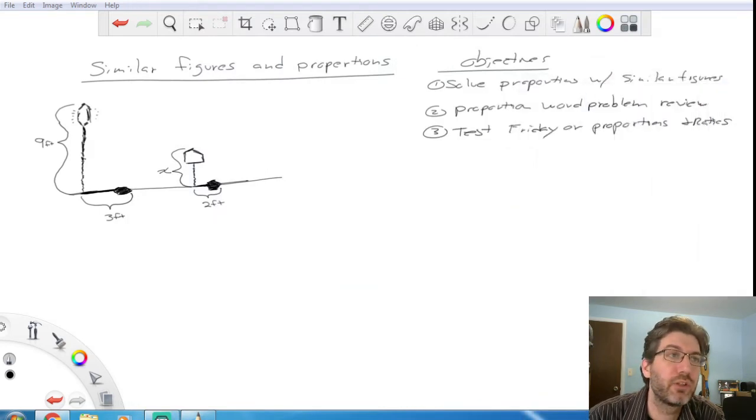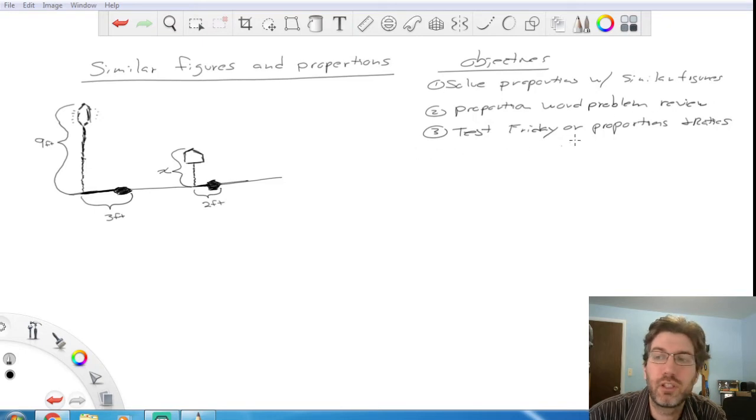So before we do that, I will repeat our objectives. We're going to solve proportions with similar figures, and we're going to talk about what similar figures are and how proportions relate to them. Then you're going to work on our proportion word problem review, which is your independent work for today, and I will hang on to do some if you guys have questions.